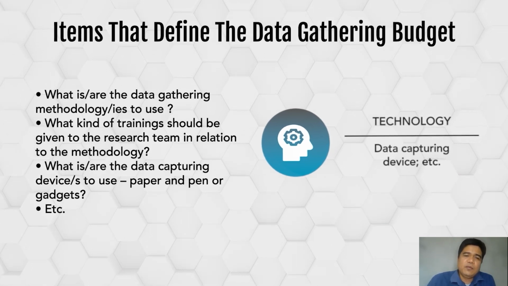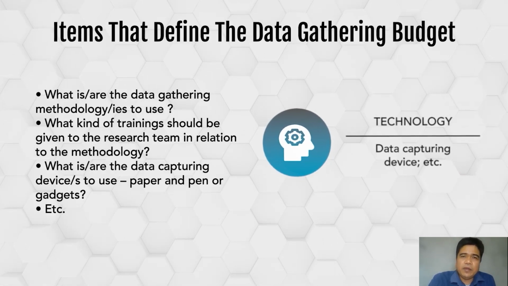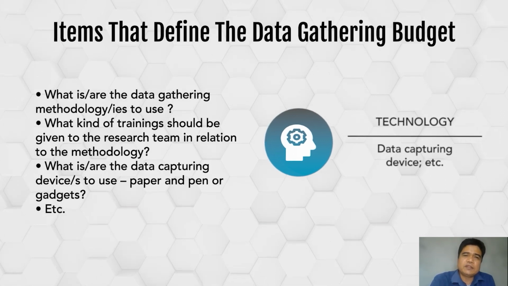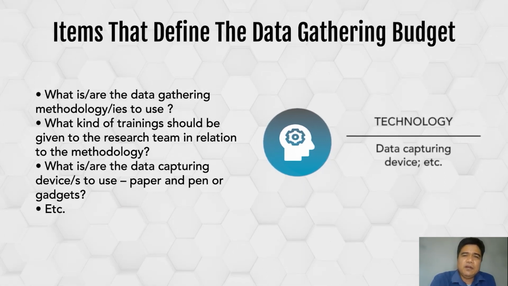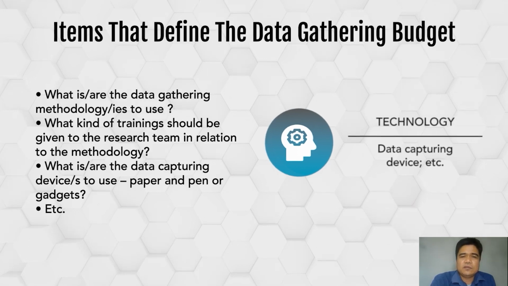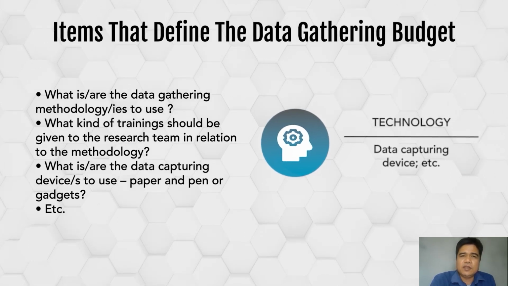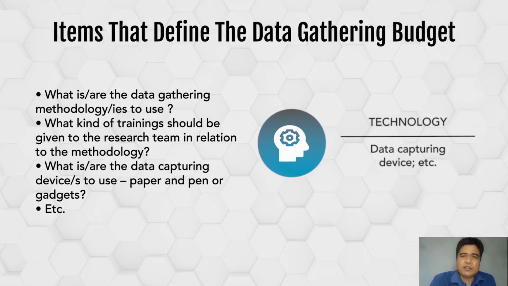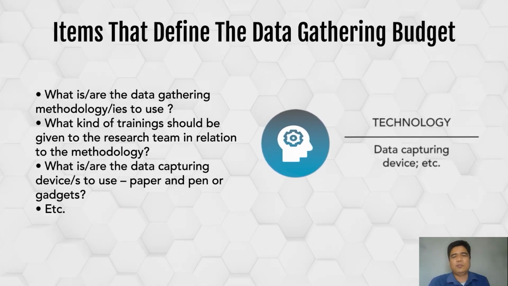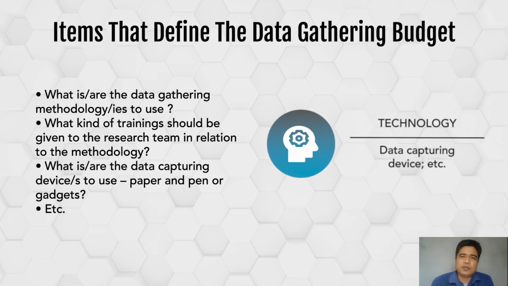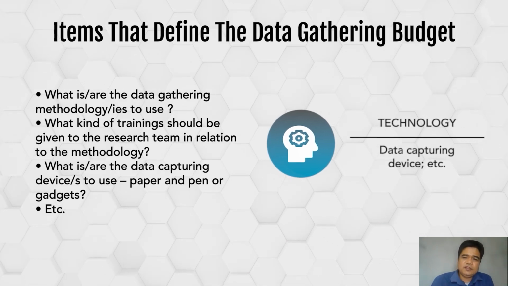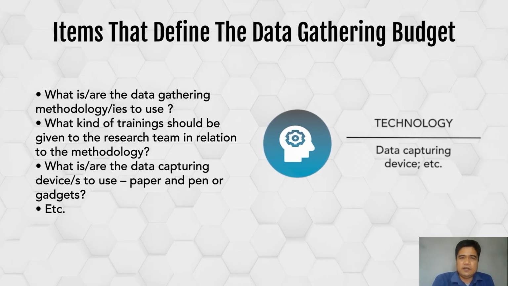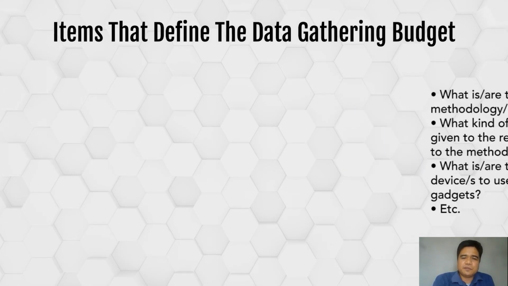Similarly, while paper and pen may look cheaper compared to the use of gadgets, in the long run, gadgets actually are less expensive compared to the use of paper and pen as capturing devices. This we will be discussing further in the succeeding slides.